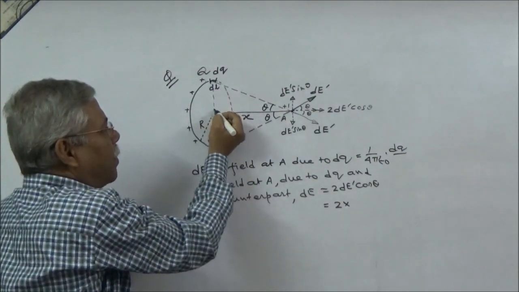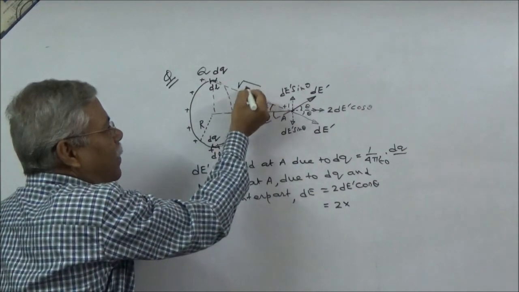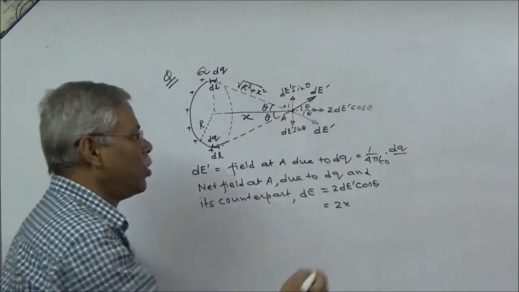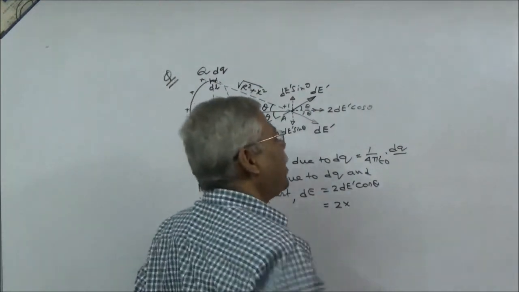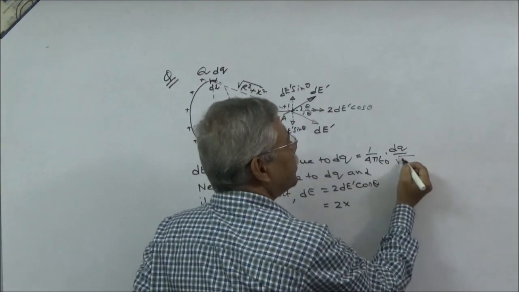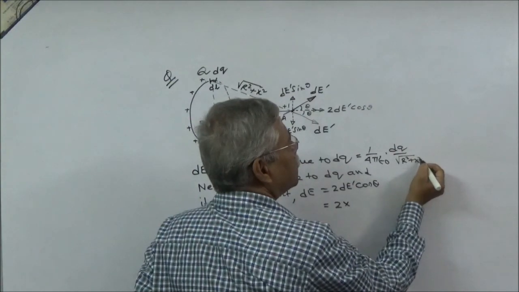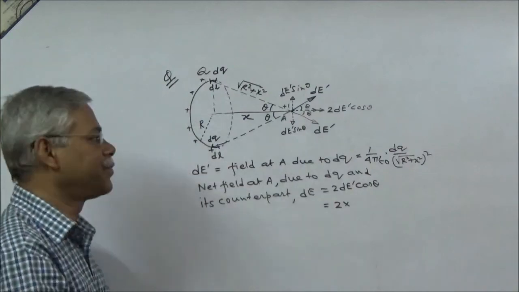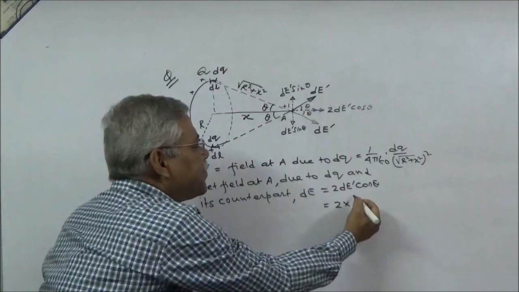Distance is root over r square plus x square. So root over r square plus x square whole square. Put this.